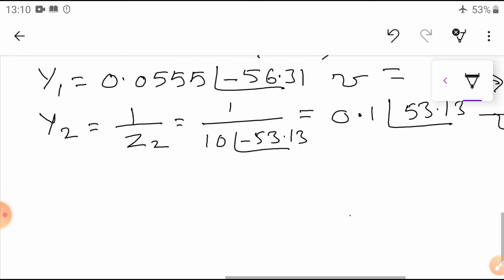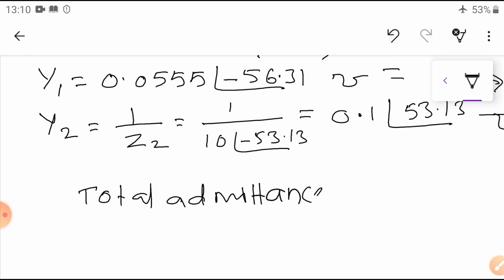Now we add them to get the total admittance, Y equals Y1 plus Y2.